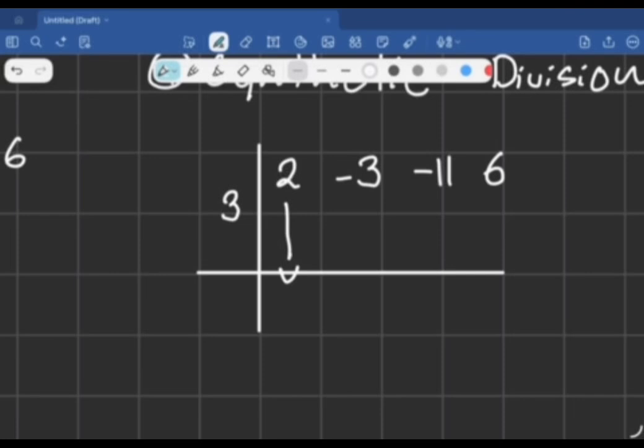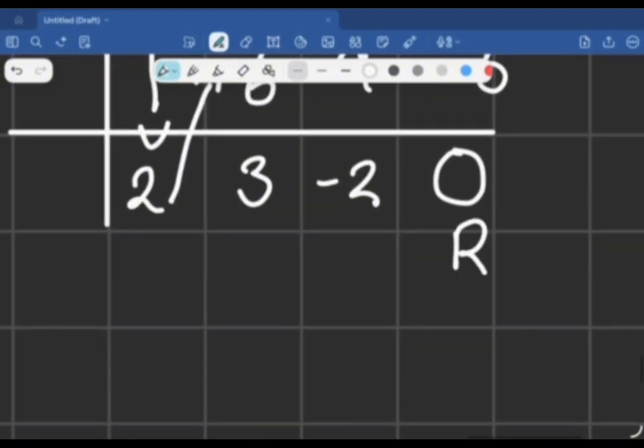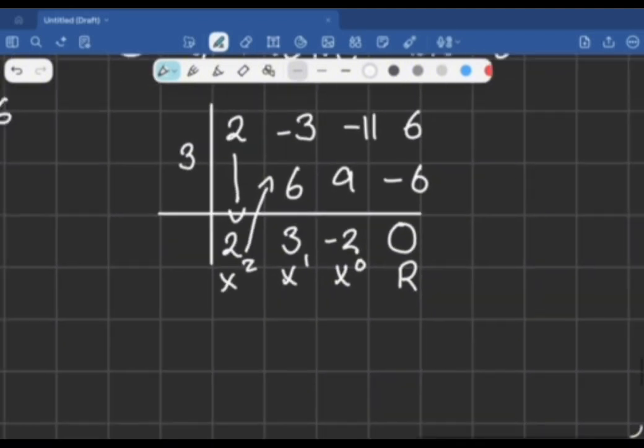We drag down our value, which will just be 2, and we multiply this by 3, which would be 6. 0. So remember, this is always our remainder. This is our constant value. This is x to the power of 1, and this is x to the power of 2. So this will be our quotient.